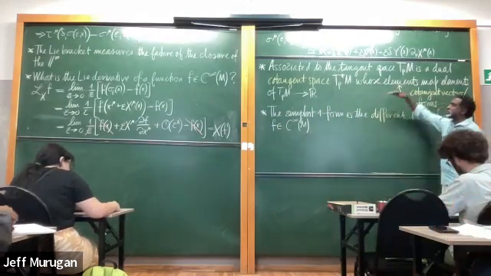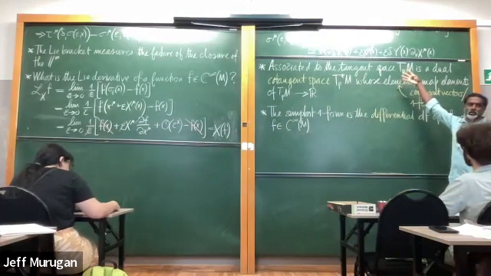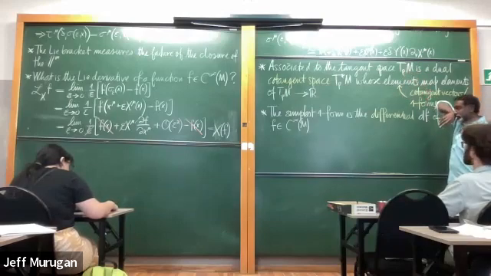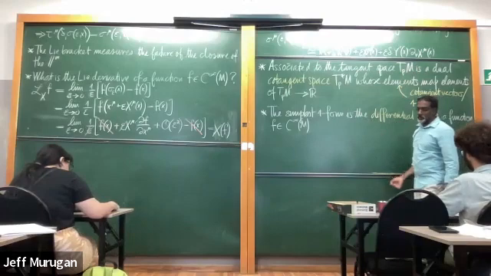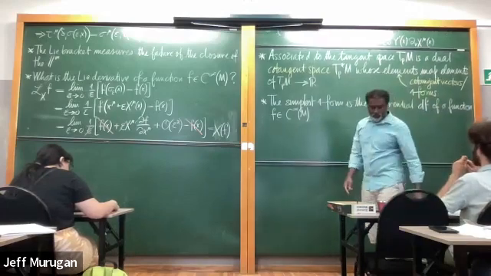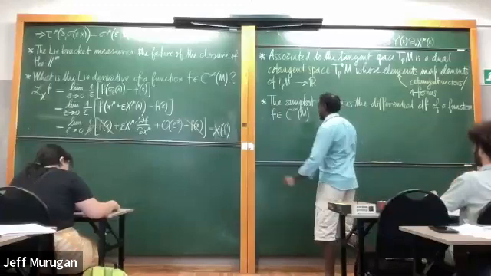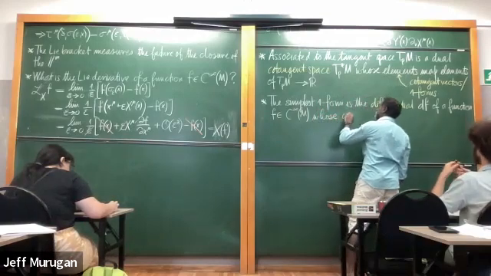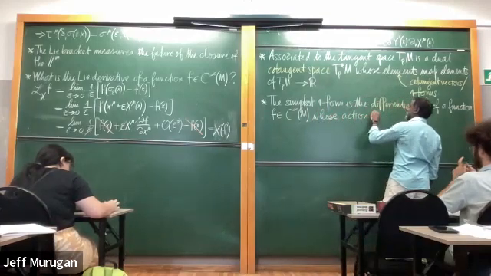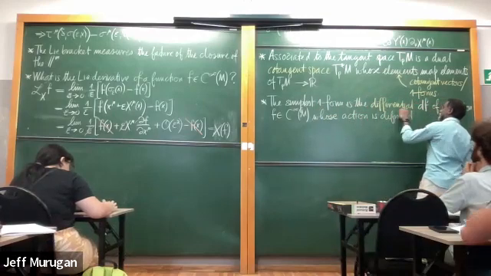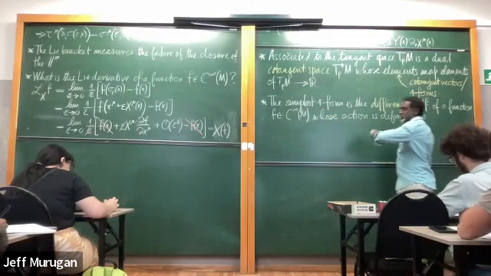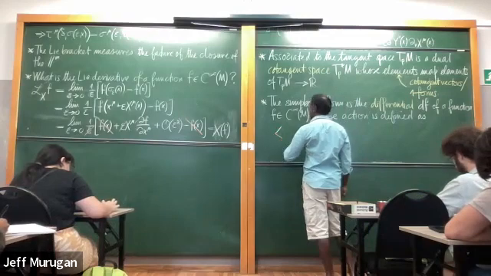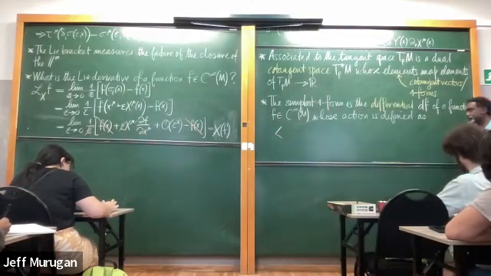And we can use the duality between cotangent vectors and tangent vectors to define the action of df on a vector. So suppose I have some vector v with components v mu in some chart.